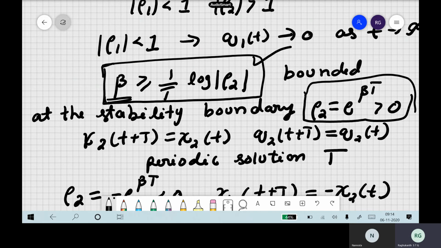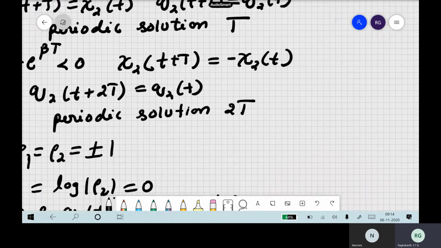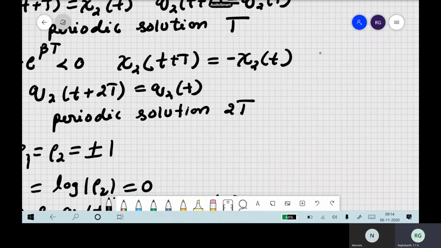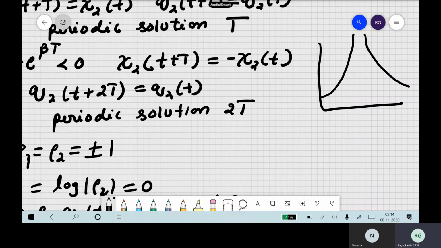In our ordinary dynamics, if you remember the transmissibility, you would have plotted that. At resonance you would have plotted something like this: everything goes towards infinity if damping is 0, for an undamped system. If it is a damped system, the solution becomes like this, 1 by 2 times eta.